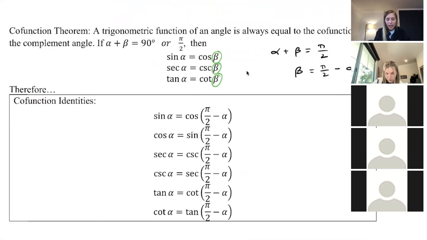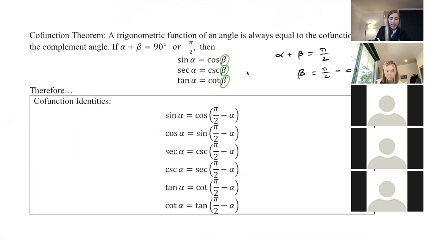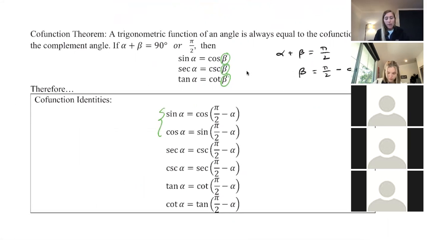Well, that gives us our cofunction identities, right? Sine of alpha equals cosine of pi over 2 minus alpha. Cosine of alpha then equals sine of pi over 2 minus alpha. So the pi over 2 minus alpha just represents the complementary angle to the angle alpha.